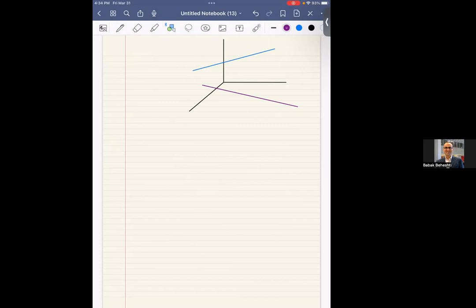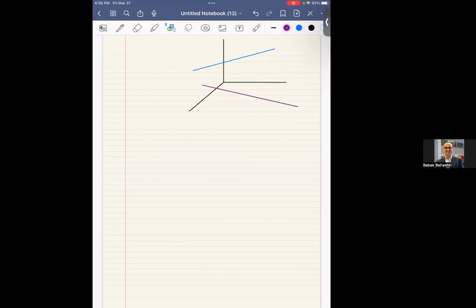Skew lines means they are not intersecting and they are not parallel. For example, look at this. These two lines are skew because they don't intersect and they are not parallel. But if you have two lines like this, these two lines are parallel. But these two lines are not parallel, they're skew.